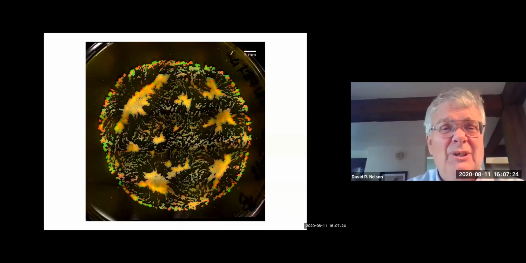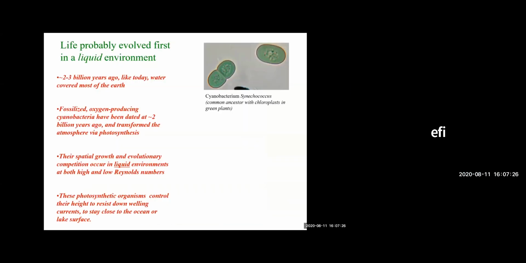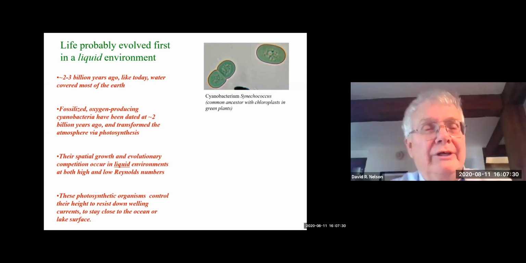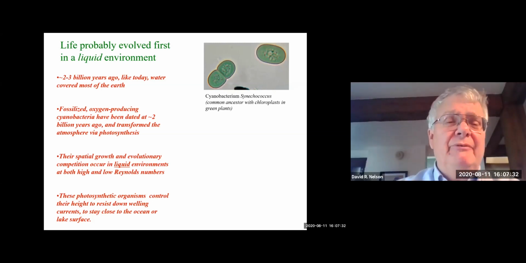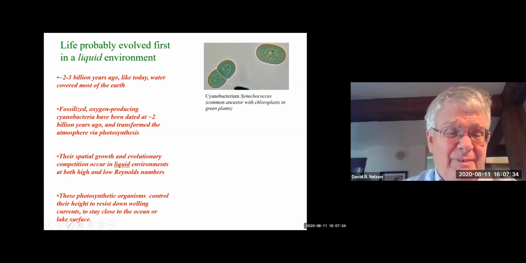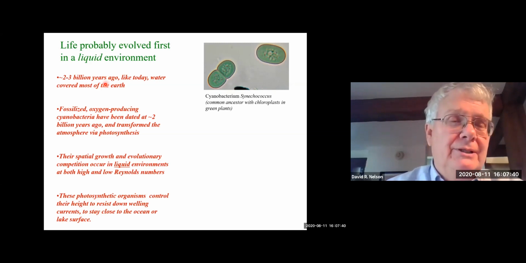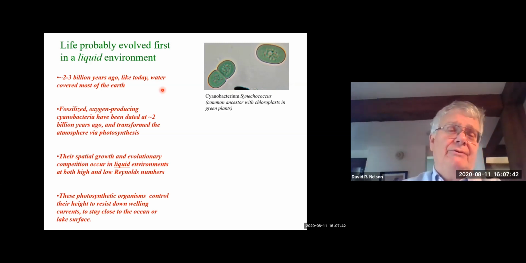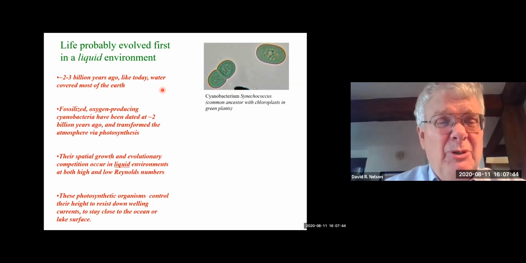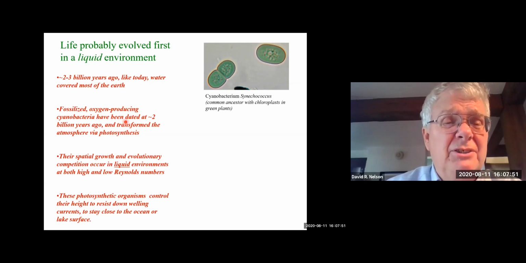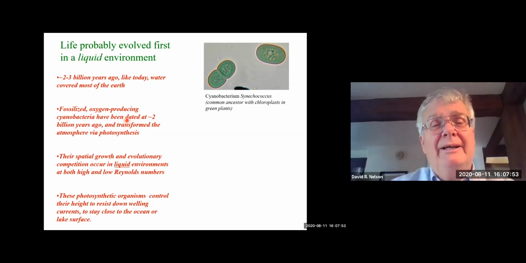And the motivation for what I'll tell you about is that, as many of you know, life probably first evolved in a liquid environment. In particular, water played a major role, covering a large fraction of the Earth's surface for most of our history. And there's fossil evidence for oxygen-producing cyanobacteria.